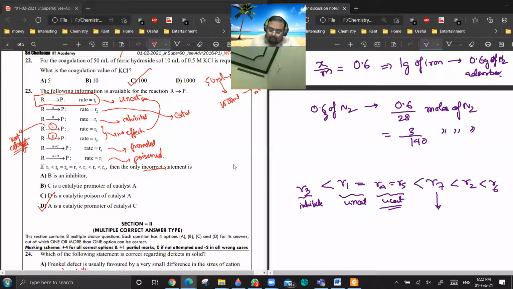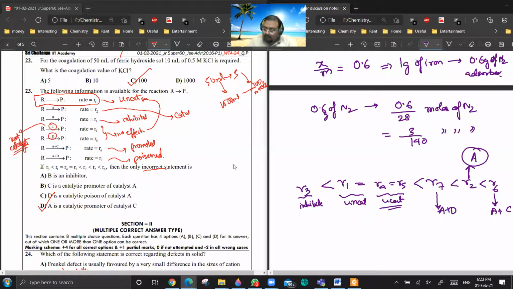Now R7 is due to A plus D, R2 is due to A, and R6 is due to A plus C. If you have a single substance, then it is a catalyst. If you have a combination of two substances, one is a catalyst, and the other will be either a promoter or a poison. Now A plus C has a higher rate than A. This means C is what? C is a promoter. And A plus D has a lower rate than A. This means D is what? Poison. Is it clear?